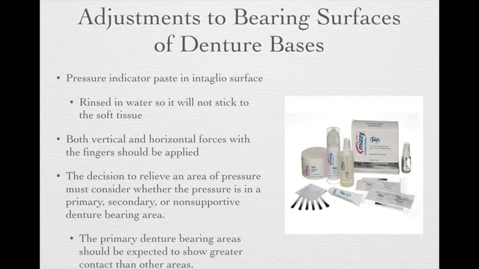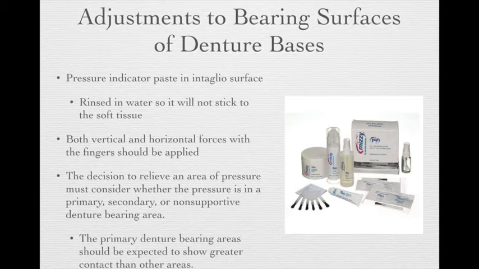So we likely rinse it before we seat the RPD over the mucosa so it does not stick to the soft tissues. Then we use our fingers to apply some vertical and horizontal forces. Then we check to see if we have any show-through spots.